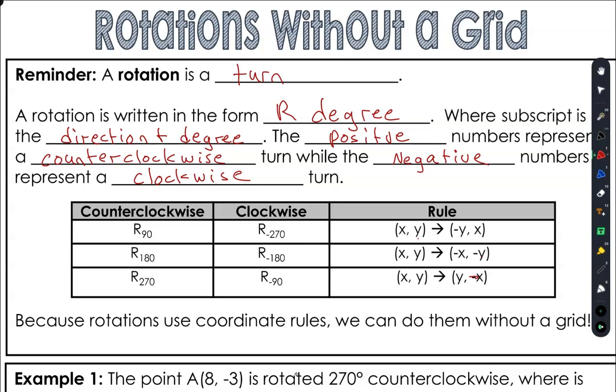If it's negative, make it positive. If positive, make it negative. And if it is 90 degrees clockwise or 270 degrees counterclockwise, you want to swap them and change the sign of the X. Because of that, we could do these without a coordinate plane. So let's take a look at a few examples.